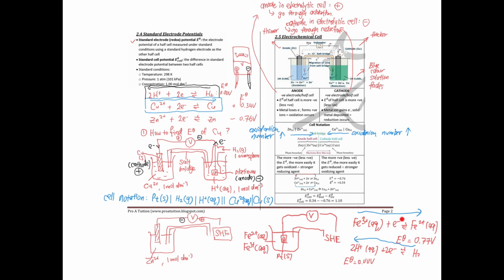Going through reduction means cathode, so we should expect this as cathode. Let me label it cathode. And the other side, the hydrogen to hydrogen positive ions, should be anode, because oxidation happens here. So I just label this as anode. I don't draw out the SHE because I want to save time. In fact you have to draw it like this, but we just focus on how to write the cell notation.